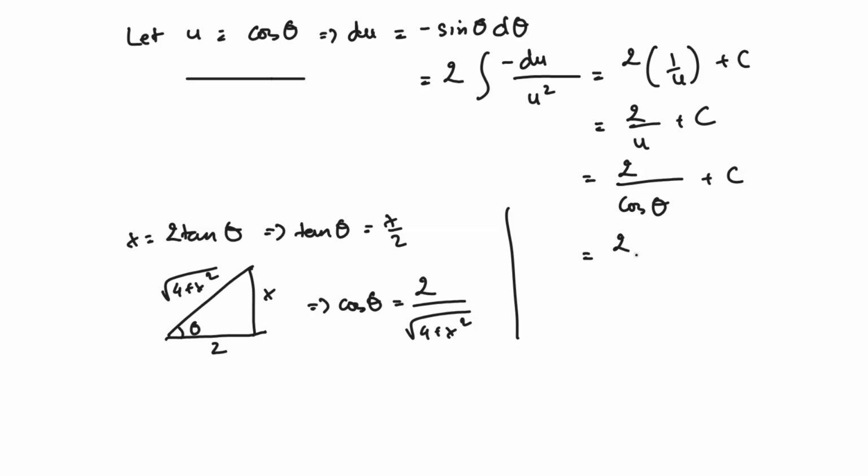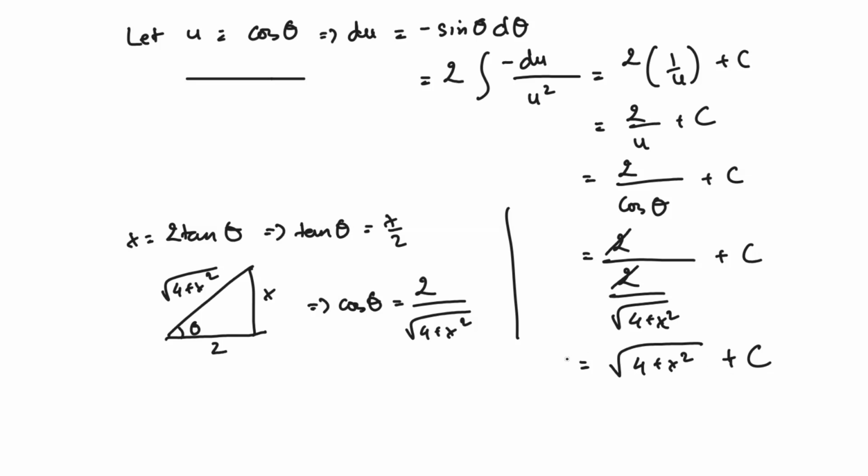So cosine of theta is 2 over the square root of 4 plus x squared, plus c. The 2 cancels 2, and this fraction gets flipped over. So that is the square root of 4 plus x squared, plus c. This is the final answer.